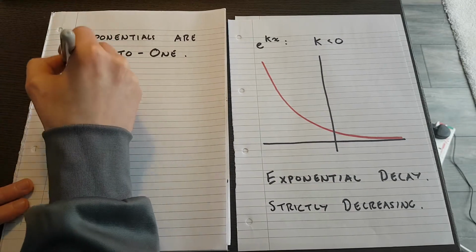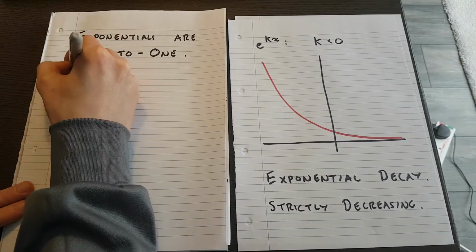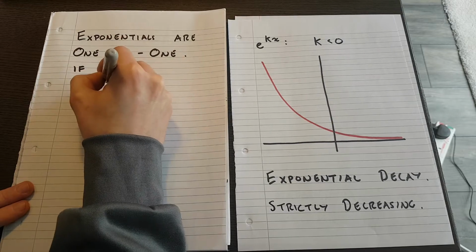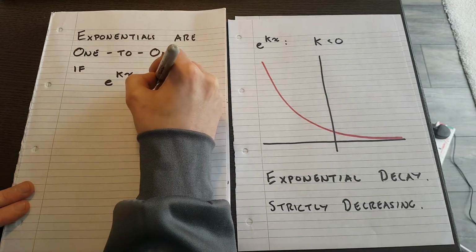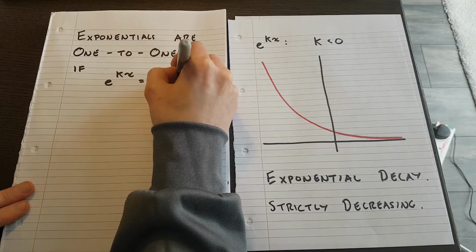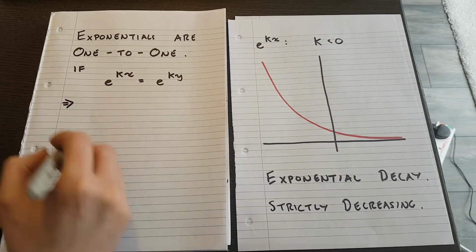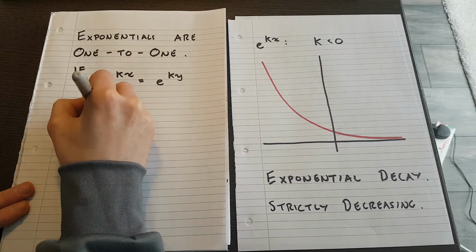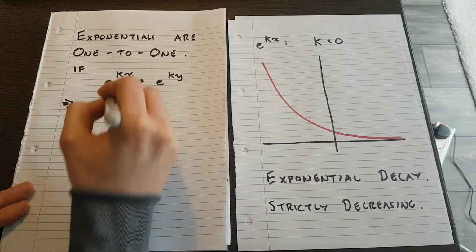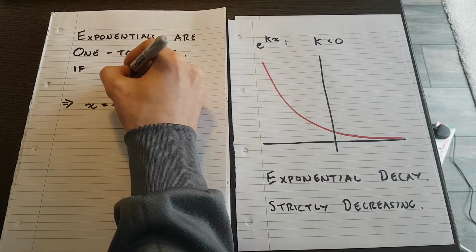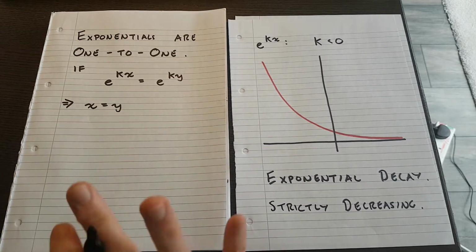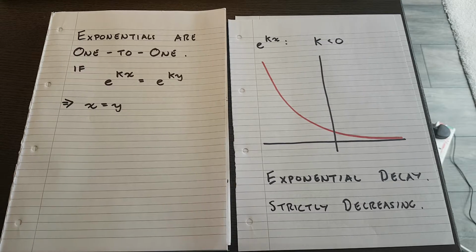That means if e to the k times x is equal to e to the k times y, this must ensure that x is definitely the same thing as y. There is no other way that this can work. Now, not every function has that property where I can just take out the variable like that, but this one does. Okay, and that's very useful. It doesn't matter if it's growth or decay. This is always going to be the case.